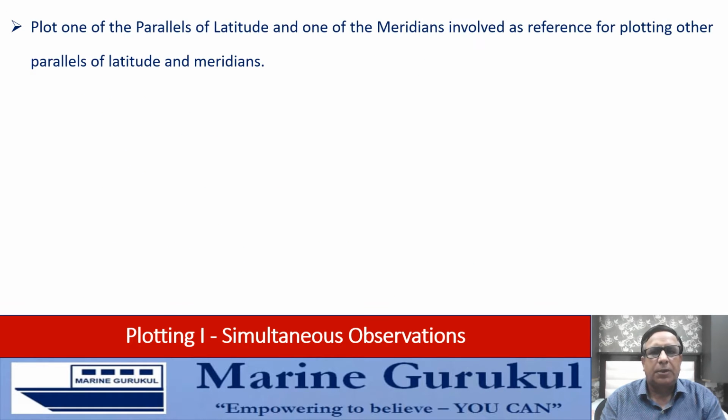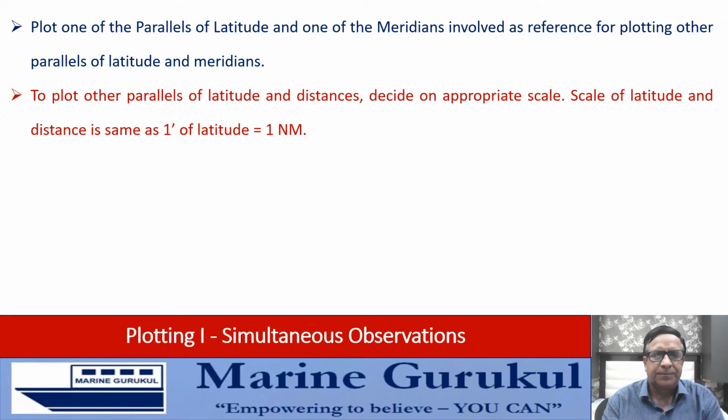Now, to be able to mark parallels of latitudes, meridians, and mark of positions and distances, we first draw one of the parallels of latitude and one of the meridians that we know in the question, and these ones drawn first act as reference for marking the remaining parallels of latitude and remaining meridians.